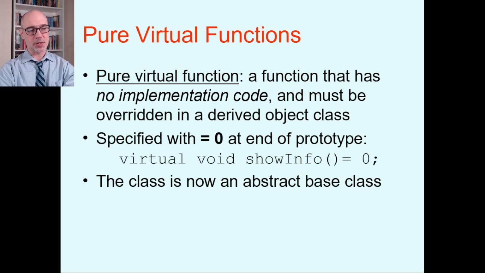And when the compiler sees that, it says, okay, I see the prototype, I know how you'd call this function, and I know you're not giving me any code for this. And at that point, the compiler won't let you make objects of that parent type. It wouldn't make sense, because if you had an object, there'd be functions you couldn't call because there's no code yet. So on the one hand, you can't make objects of that type, but again, you can make a pointer of that type, and you can give it the address of any child class object that you make later on.